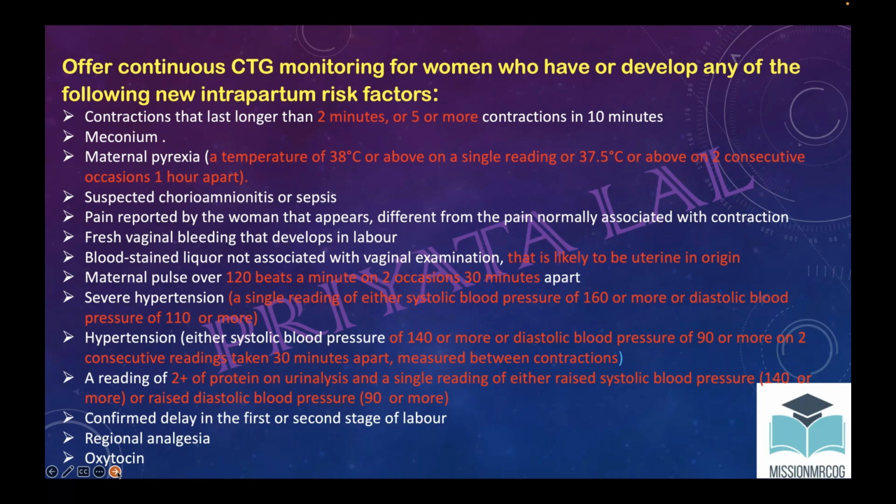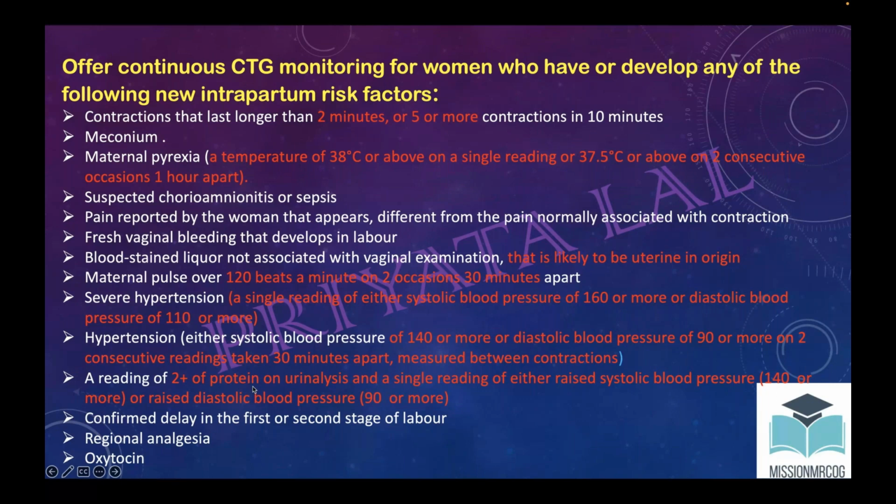And proteinuria: 2 plus on urine analysis, 2 plus protein, plus a single reading of high systolic or diastolic blood pressure.